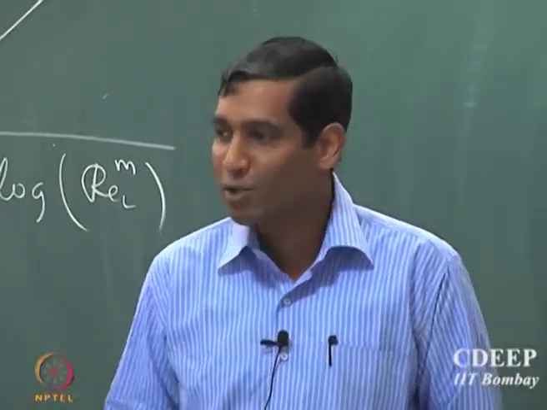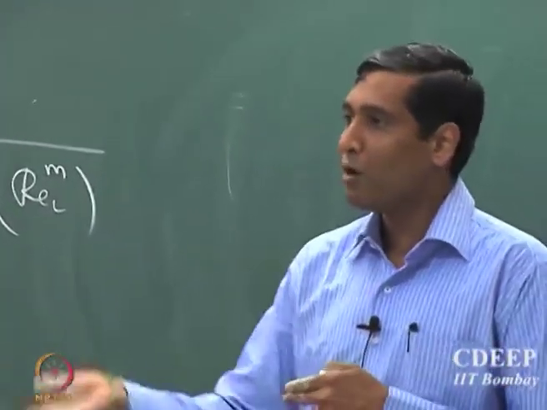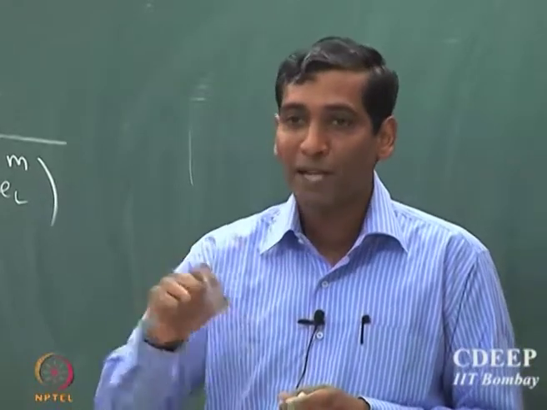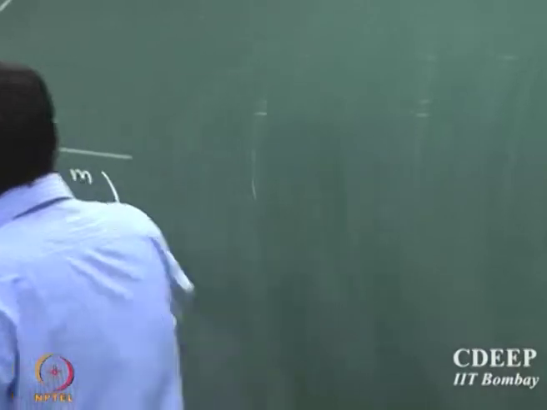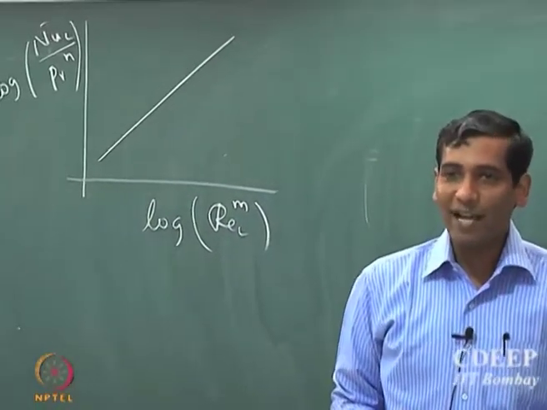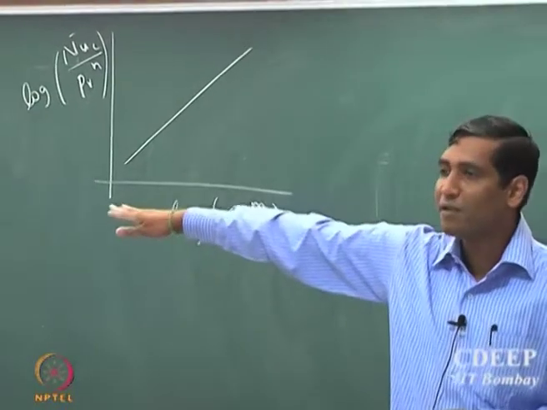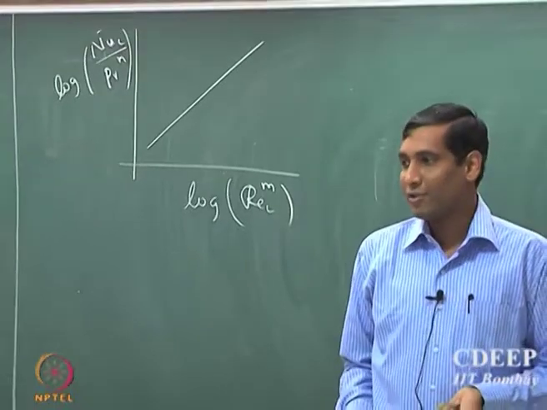Whatever problems they looked at, they wanted to bring to a form which can be fit manually by hand calculations. So they brought it to the straight line form, not by assuming anything, but by looking at the functional form that one would get using the Chilton-Colburn analogy.